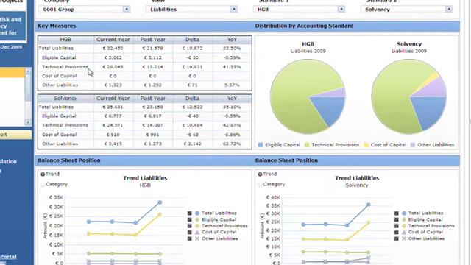As we view total liabilities, we can also see subcategories for eligible capital, technical provisions, cost of capital, and other liabilities. The largest percentage here is our technical provisions for premium and loss reserves. We see that that is increasing both on an HGB basis and on a solvency basis.